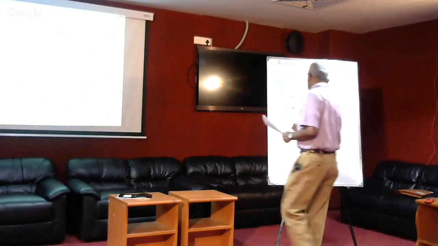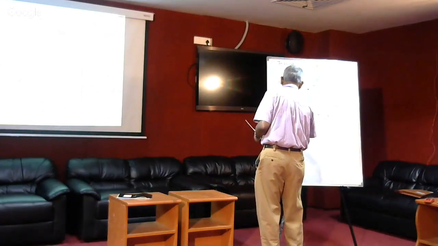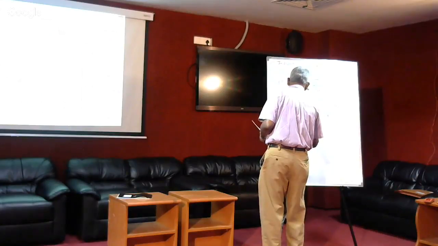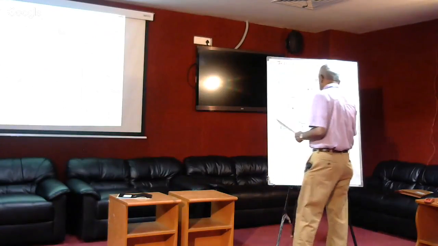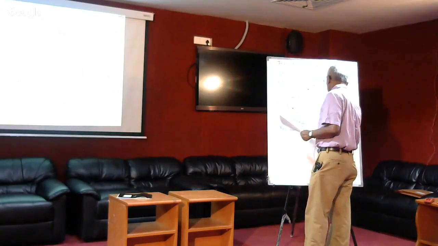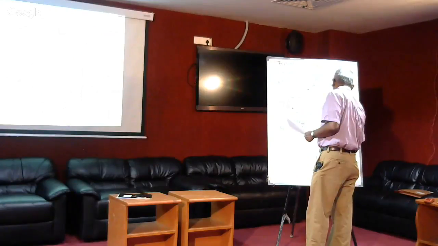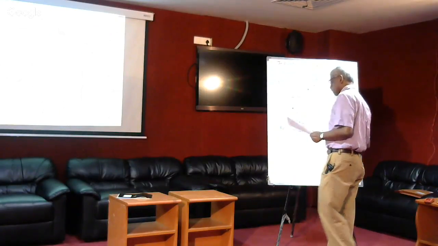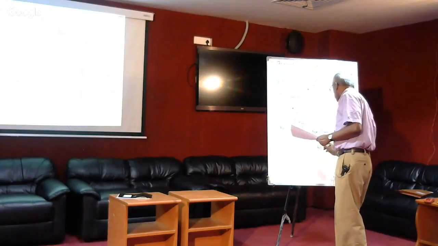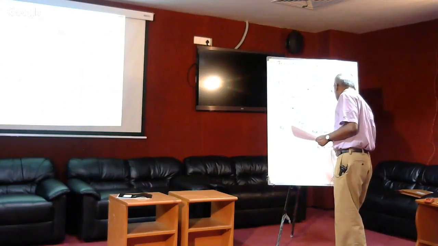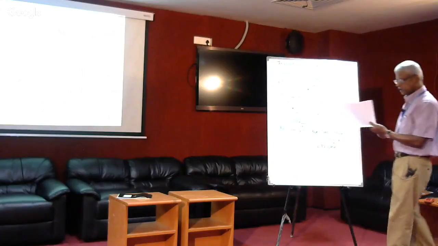So for one column, the bed volume needed is 173.6 liters per minute times 4 minutes, and this comes out to 694.